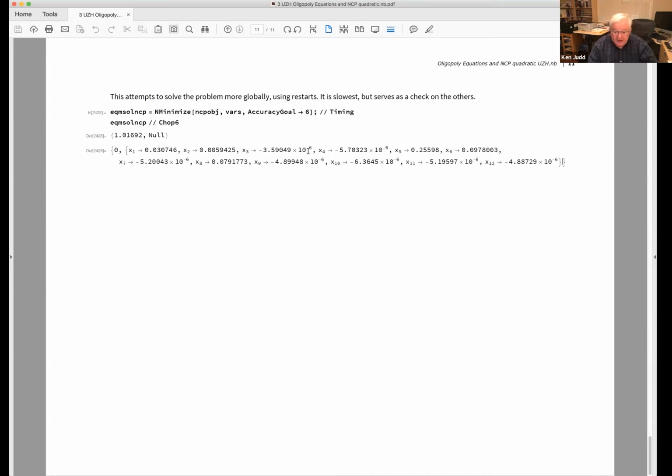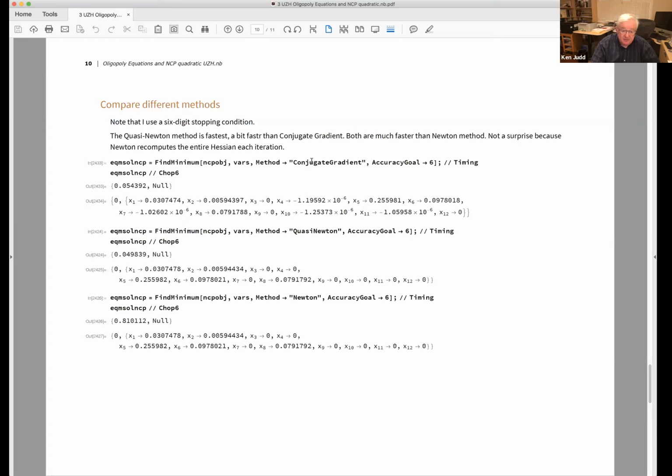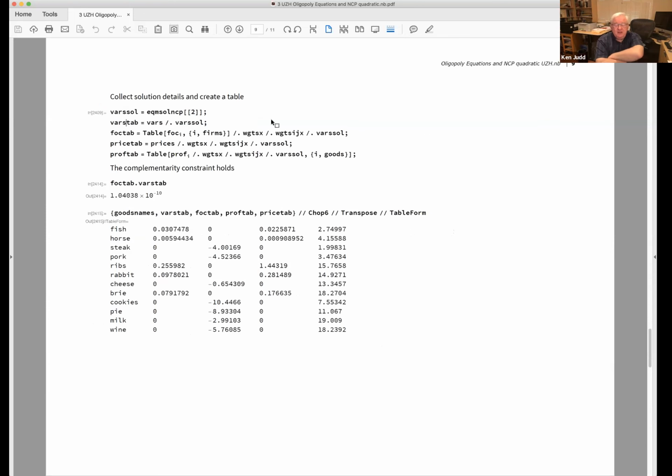Now, one thing I will point out is that I've set the target accuracy to be low, to be 6. Normally Mathematica would want to go for 8. This is a feature of these problems, because they're semi-smooth.